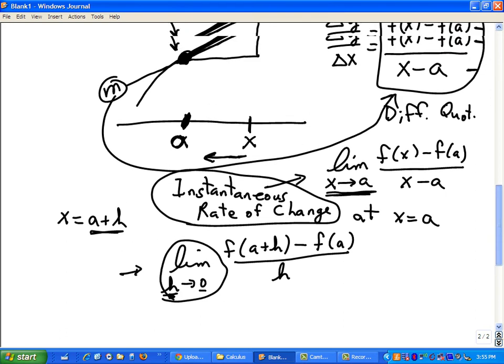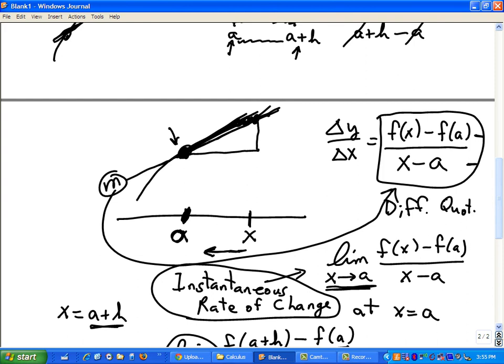Well, then you'd have a different a. And obviously, if you play this game and calculate the limit, the slopes are going to be somewhat different. And in the end, you may find a slope of a line as a limit that is something like that. Well, that's exactly what you want. You want to calculate the instantaneous rate of change based on where you are.